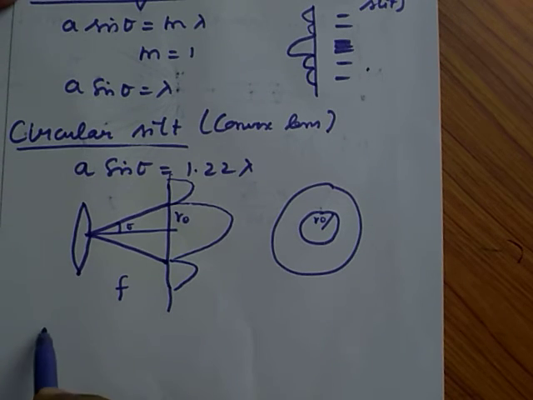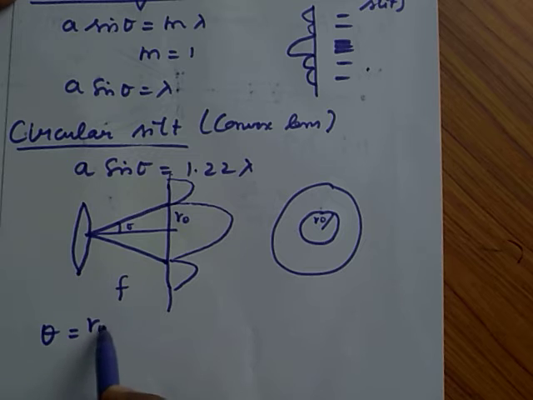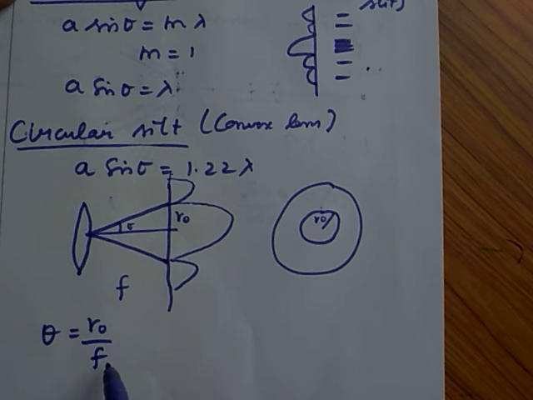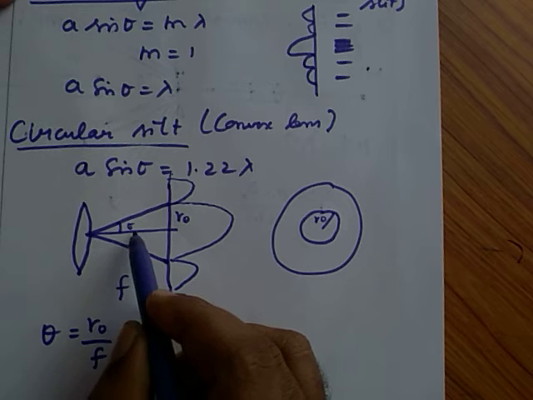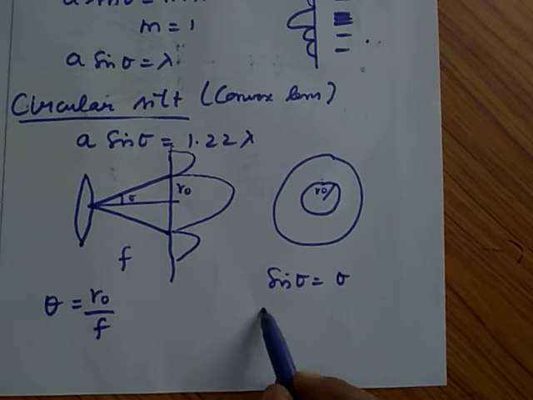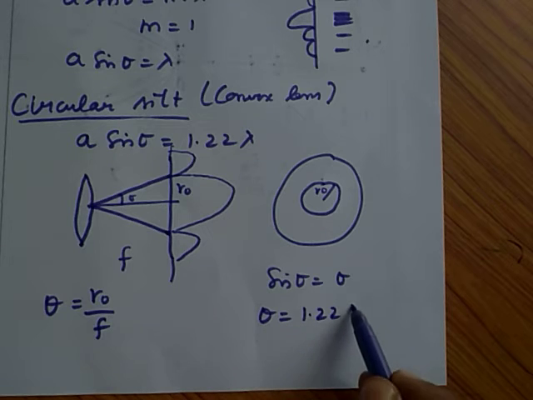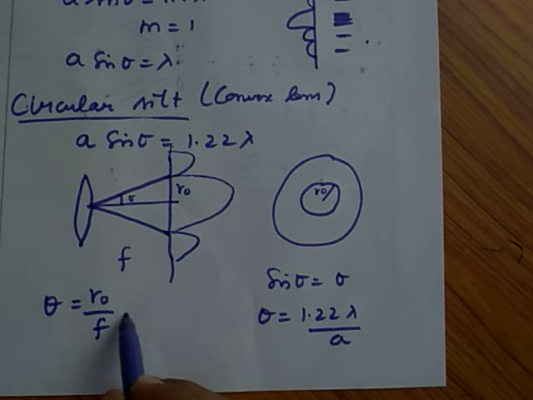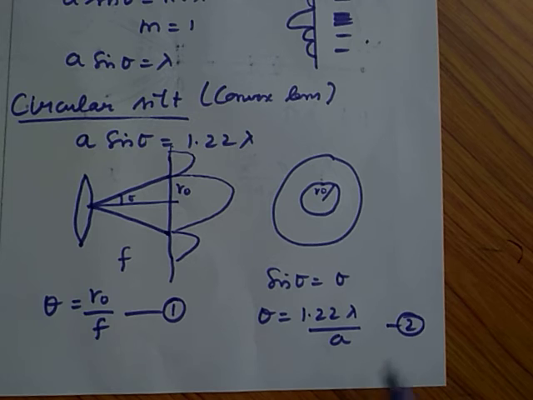By geometry we know theta is equal to r naught by f. Here the theta value will be small, so we can consider sin theta equals theta. We can say theta is equal to 1.22 lambda by a. This is equation 1, this is equation 2.